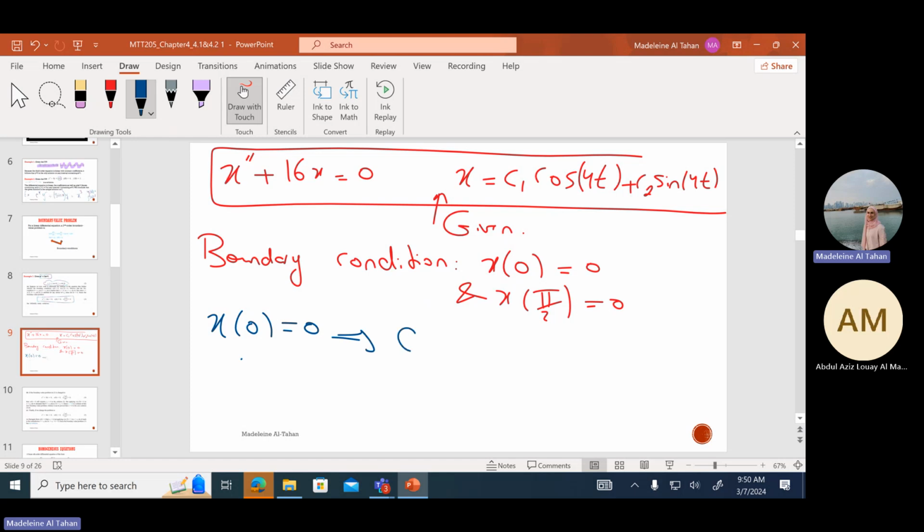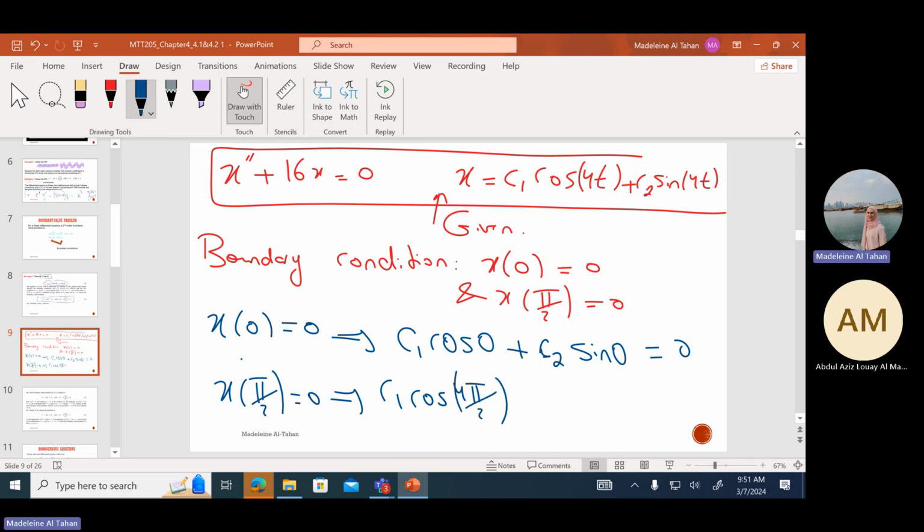What does it mean? c1 cosine 0 plus c2 sine 0 equals 0. Right, guys? Right? And x(pi/2) equals 0. What does it mean, Nancy? c1 cosine 4 pi over 2 plus c2 sine 4 pi over 2 is equal to 0. From where did we get these ones, Miss? These are given. We are substituting. Is it okay, Miss? Ahmad? Muayyad? Here, guys, are you okay with it?